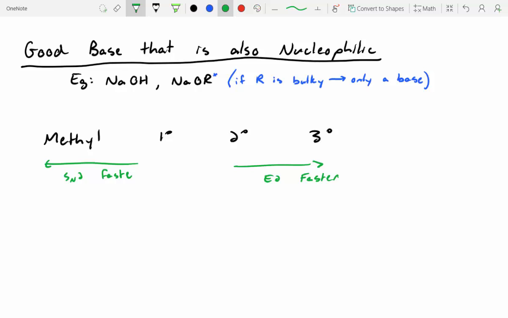Probably not if it's a strong nucleophile or strong base. But they can do SN2 chemistry, right? So in this case, methyl groups can only do SN2. And that's partially because it doesn't have any beta protons. It can't have any other option. Primary carbons will do primarily SN2.